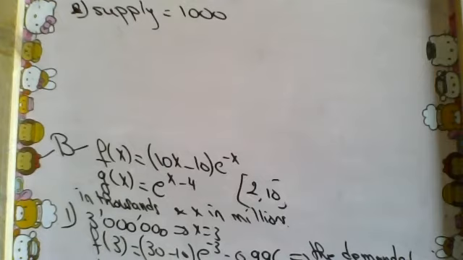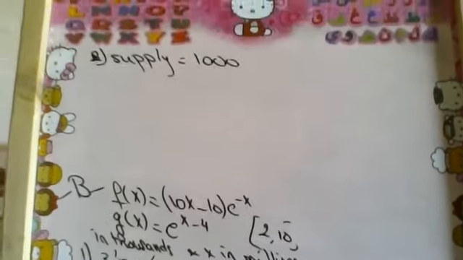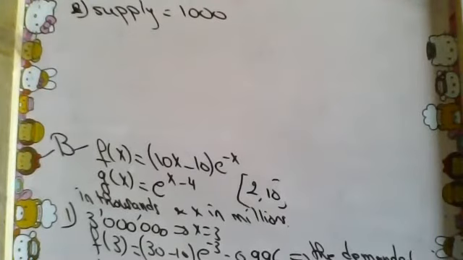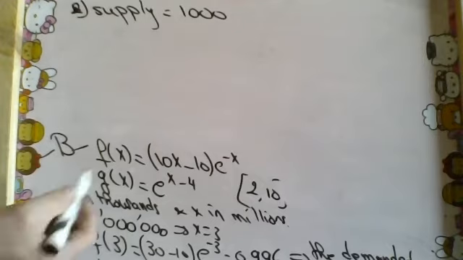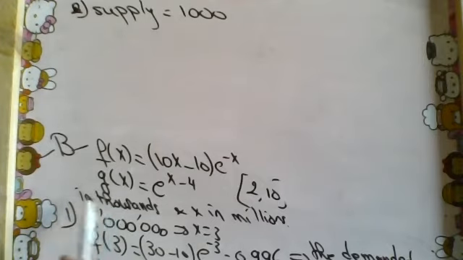Right. Supply is equal to 1000. So e to the power x minus 4 equals 1. f of x and g of x are in thousands.